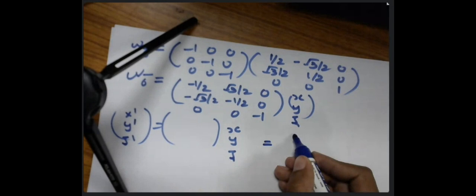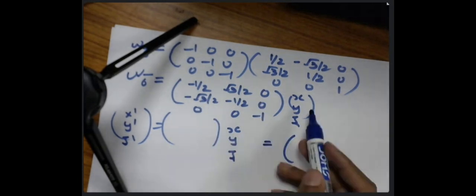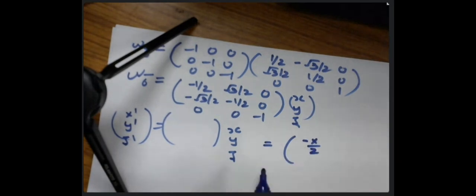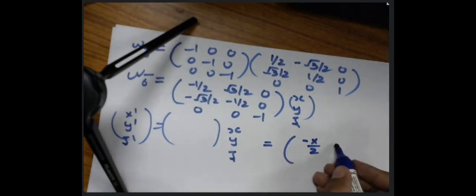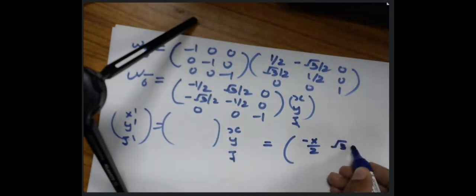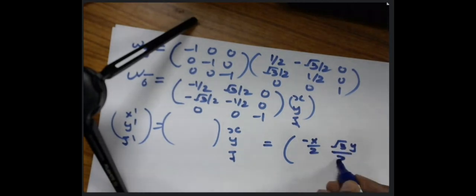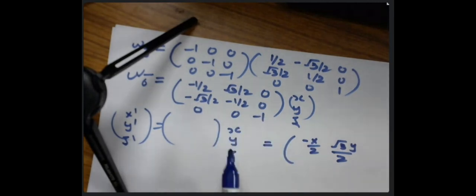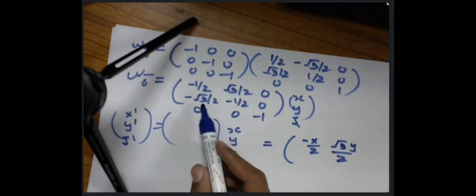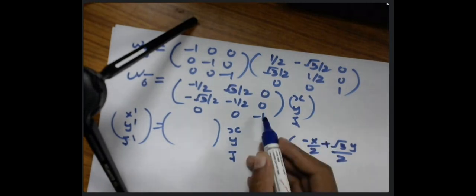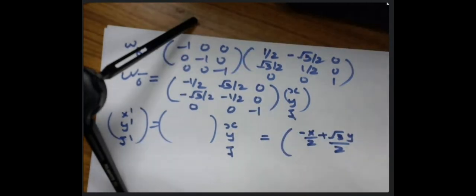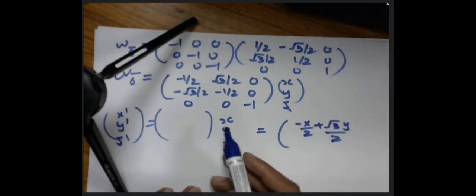So the first thing which we will get is minus of x by 2, root 3 times y by 2, and z is 0, so the number associated with the z is 0, so no need to worry about it.